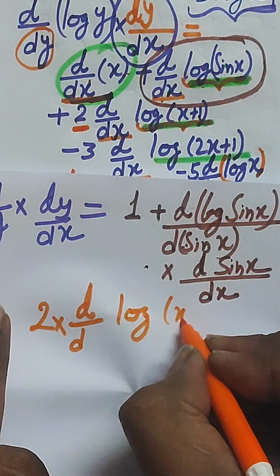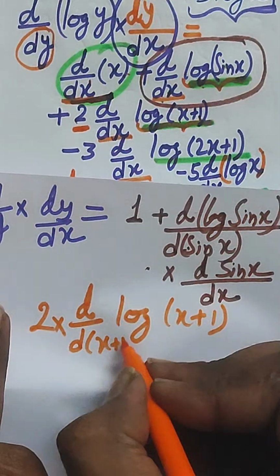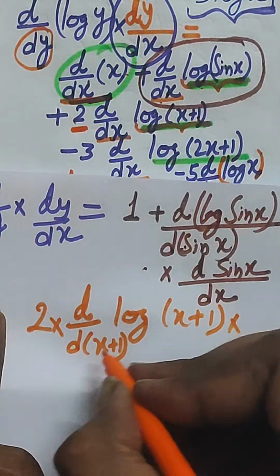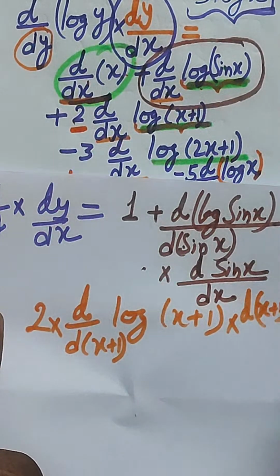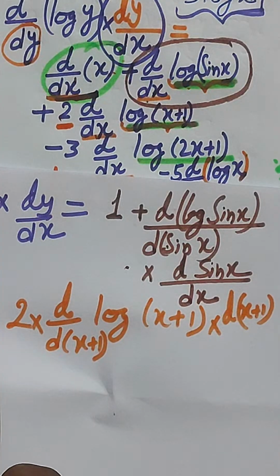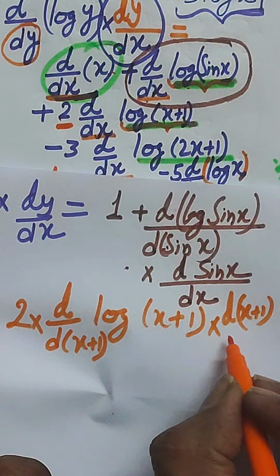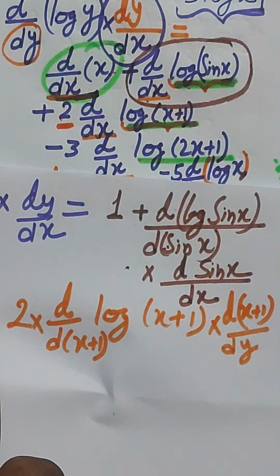So log of x plus 1 can only be differentiated with respect to x plus 1, and since x plus 1 is inserted, we need to write d of x plus 1 into the numerator also, right? And we have into the denominator the dx which is left, right?